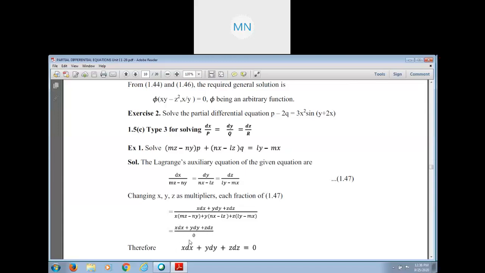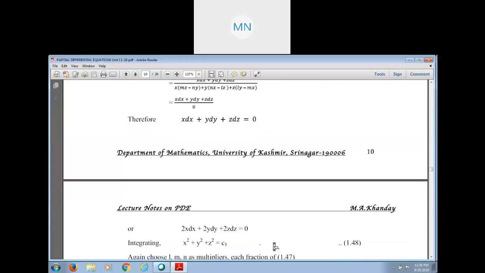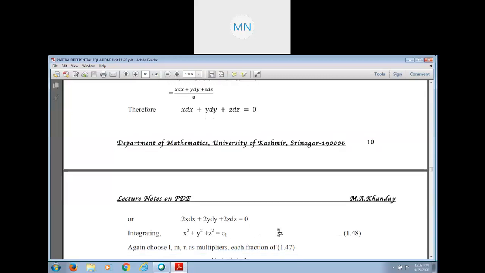So it will be x dx plus y dy plus z dz equals 0. Now you can integrate that term. After integrating, that will be x square by 2 plus y square by 2 plus z square by 2. So the required equation will be x square plus y square plus z square equals c1.